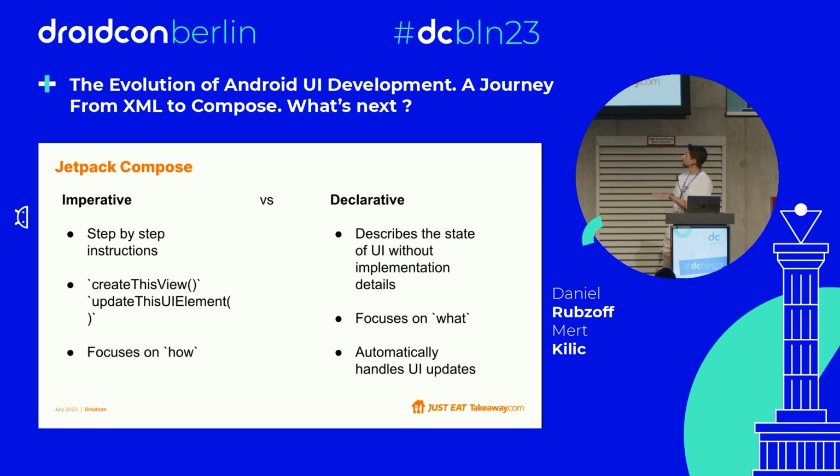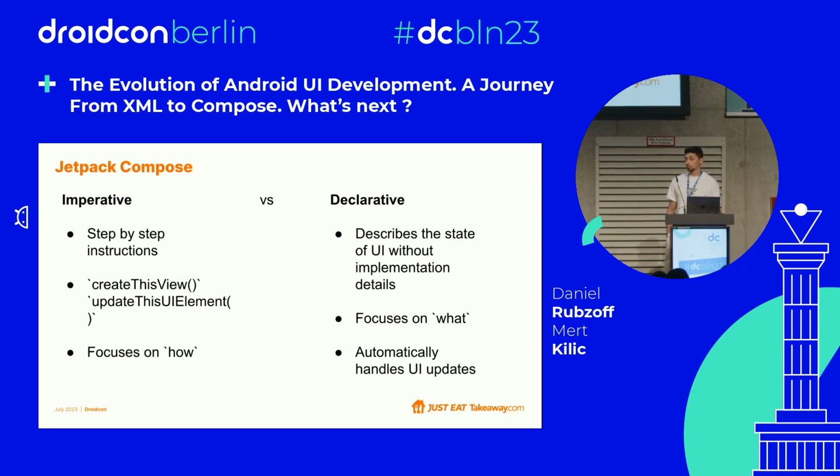On the other hand, on the right side, declarative UI programming takes a different approach. Instead of specifying the exact steps for updating the UI, developers describe the desired outcome or state without explicitly defining the implementation details. They focus on the what aspect of the UI construction.